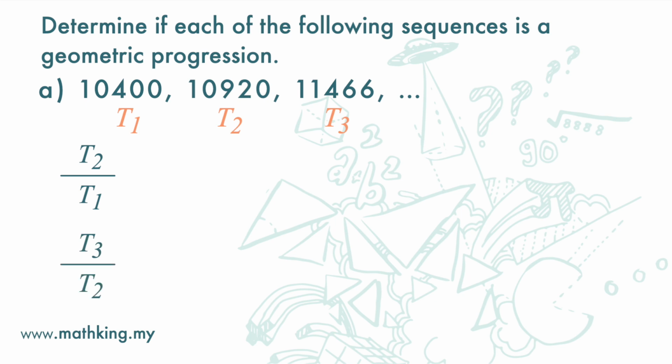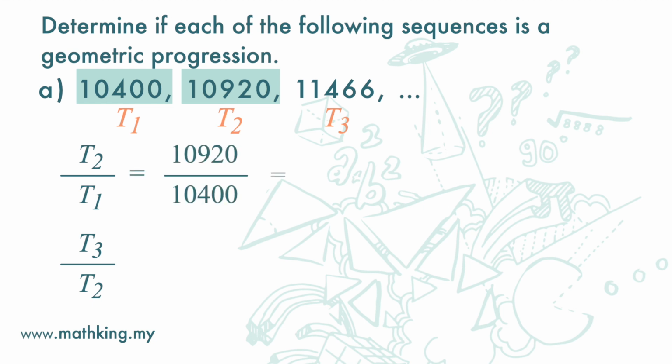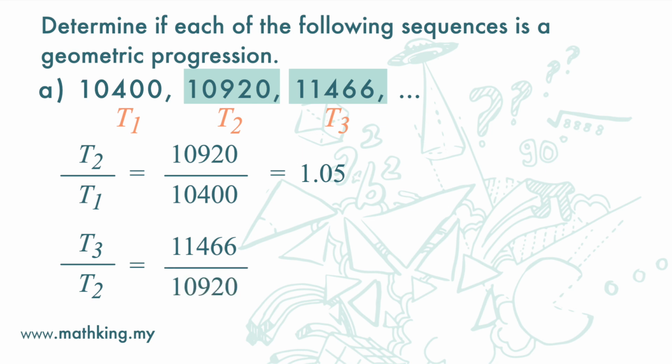T2 over T1 is 10,920 over 10,400. We get 1.05. 11,466 over 10,920, we get 1.05. Both are the same. We have a common ratio. So this is a geometric progression.